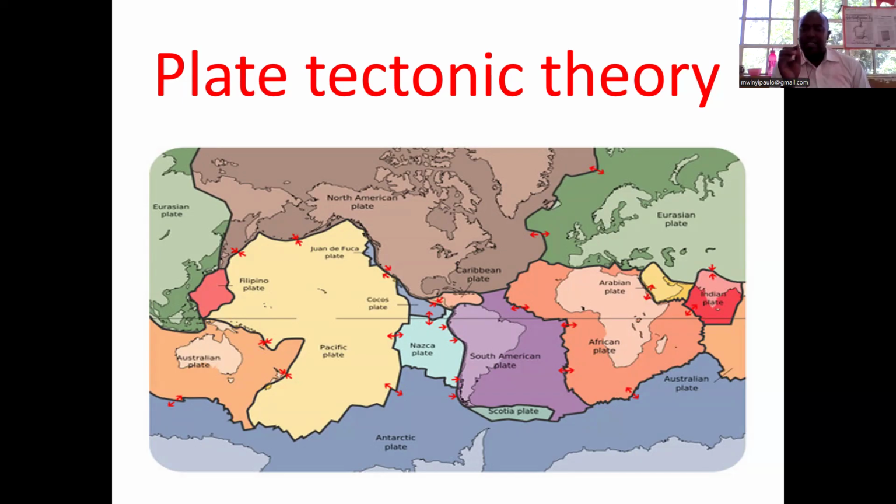The arrows show the movement of the plates, either towards each other or against each other, or sometimes one going up and another one going down. Kindly take your time, and by the look of those arrows, you can tell how the plates move.